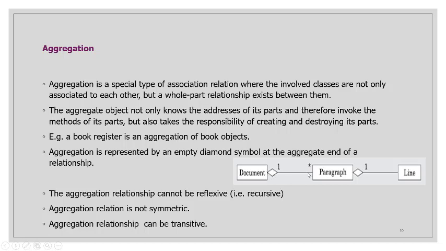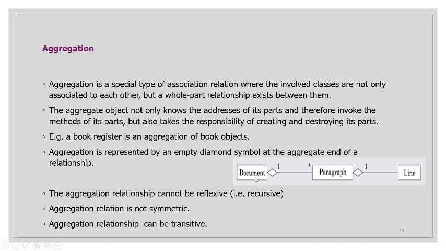Here the figure shows that a document can be considered as an aggregation of paragraphs, and each paragraph can in turn be considered as an aggregation of lines. That means all the lines combined and aggregated make a paragraph, and all the paragraphs combined and aggregated make a document.